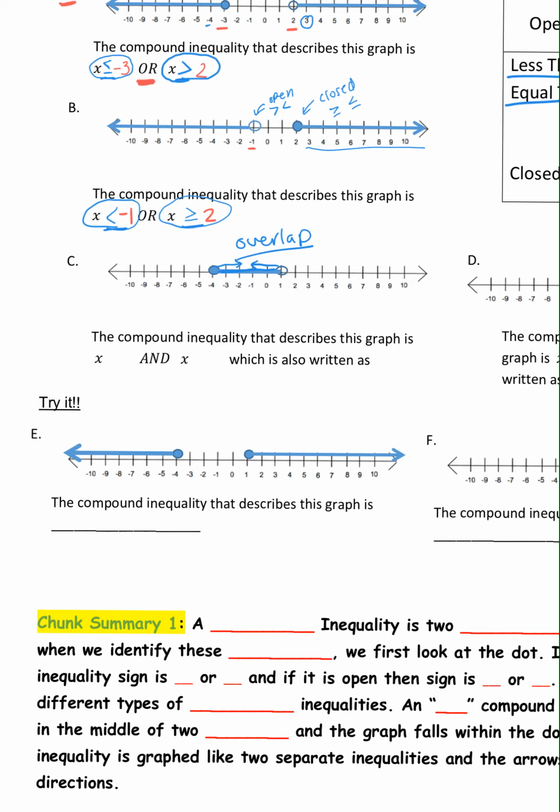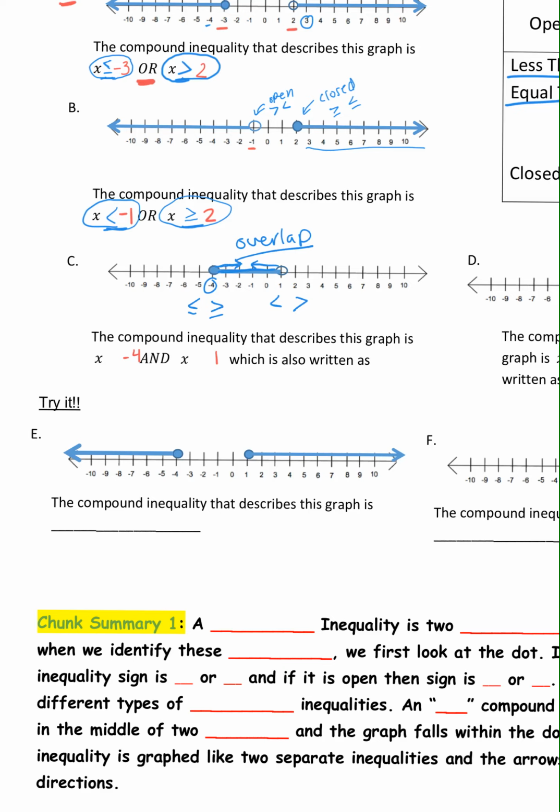I've got -4 and I've got 1. I've got a closed circle at -4. So this guy is either less than or equal to or greater than or equal to. And I have an open circle at 1. So it's either going to be less than or greater than. Those are my choices. So looking at -4, my arrow goes to the right.